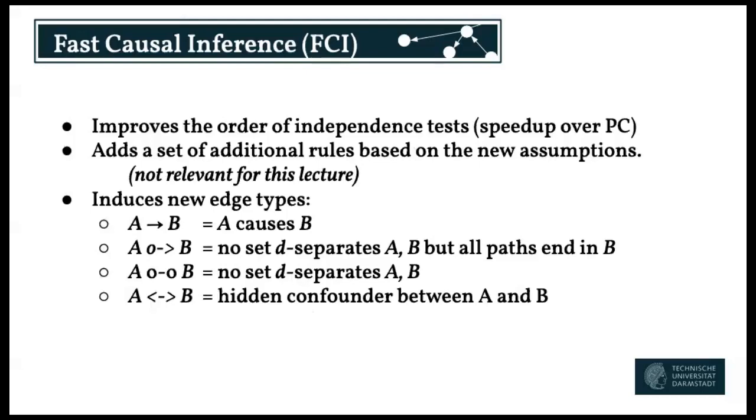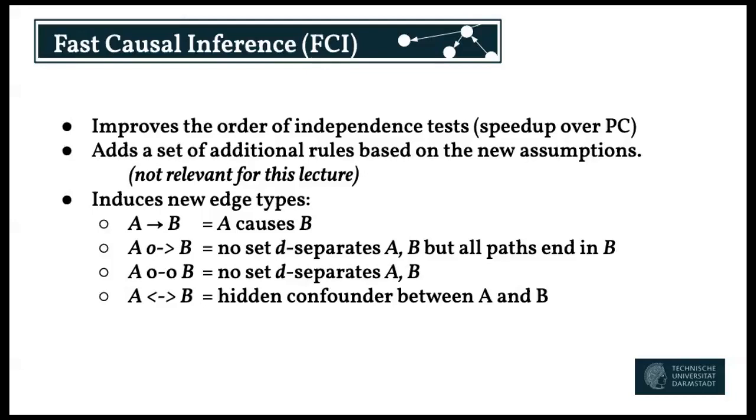And what you get is a graph consisting of several types of edges, where a regular directed edge, as we have seen it so far, still means A causes B. If you have a circle on one end, but an arrowhead on the other end, you say that there's no set d-separating A and B, so there's definitely some kind of dependency.